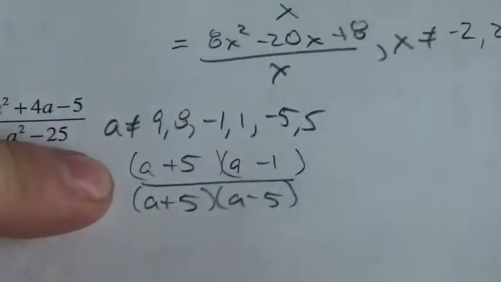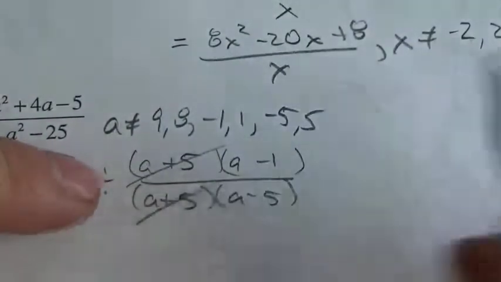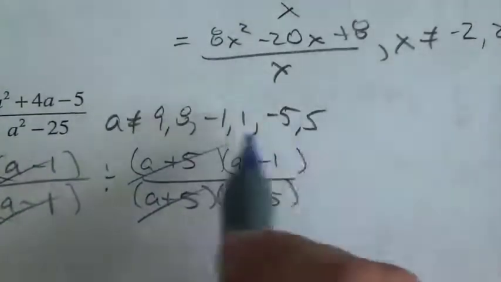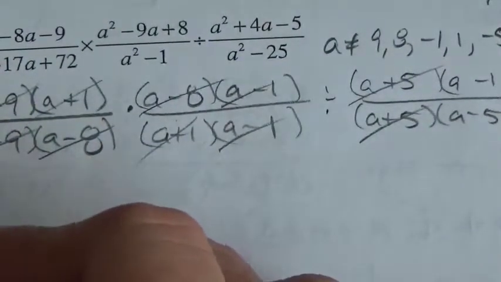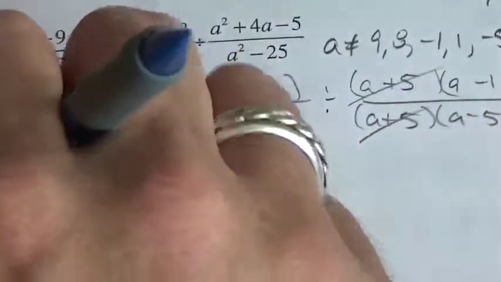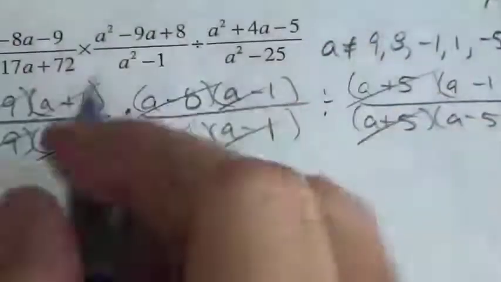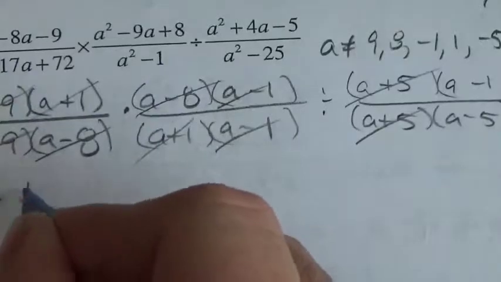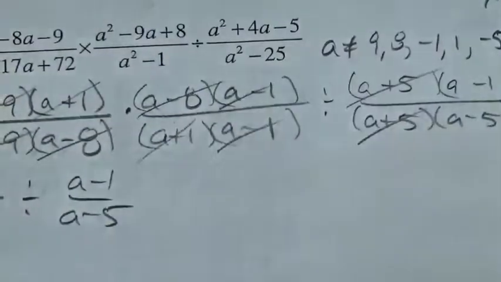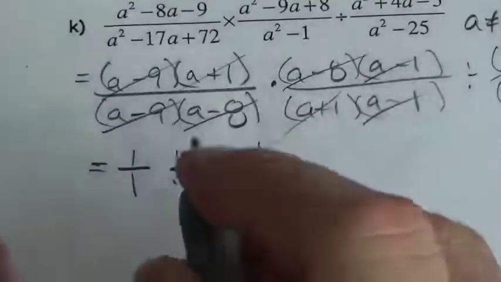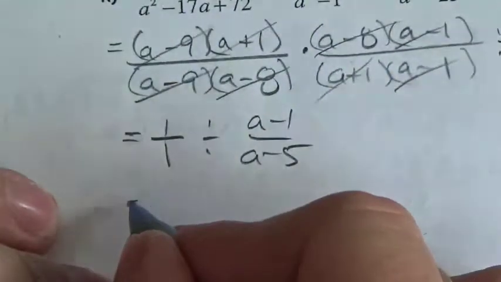On the other side, in my divisor, that cancels with that, as long as I'm following my restrictions here. What this leaves me with is 1 over 1 divided by a minus 1 over a minus 5. That's what survived. I've already stated all the restrictions.